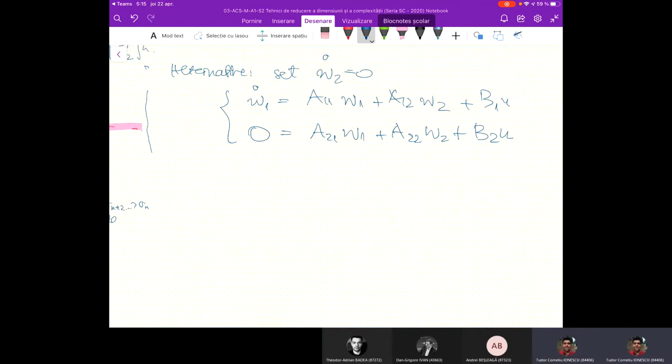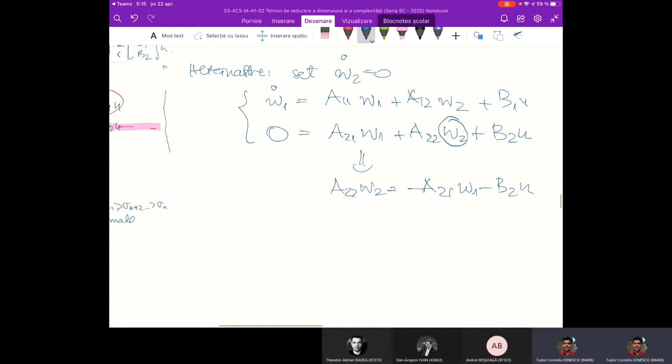You need to extract W2 from this matrix. So A22 W2 is minus A21 W1 minus B2 U. And assuming that there is no zero eigenvalue here, you assume. But why haven't you got a zero eigenvalue here? Why don't you need to assume it?